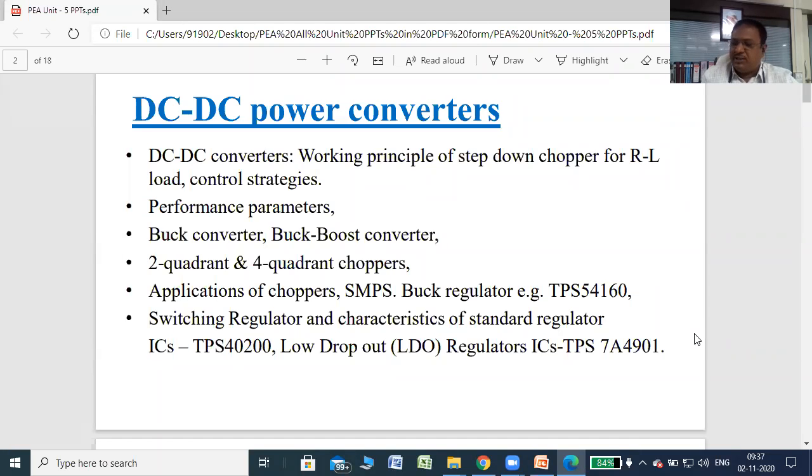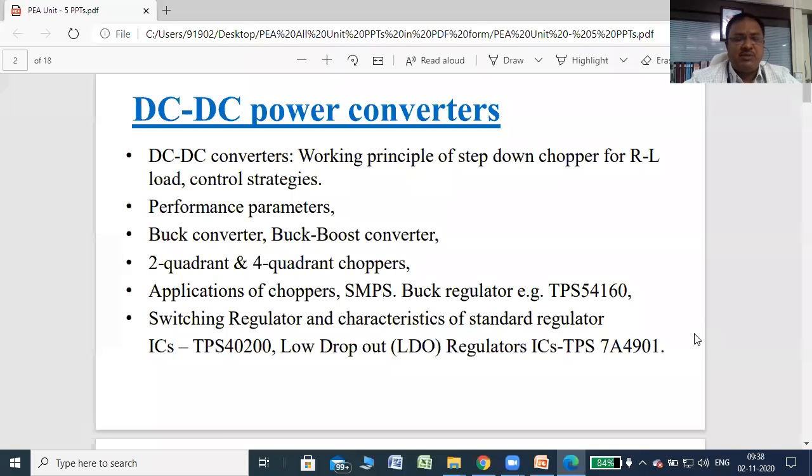If you apply this fixed voltage, then the speed of motor is also fixed. Then the speed of bike is also fixed. So it is very difficult to control the bike by using fixed DC voltage. So we require variable DC voltage, and that is achieved with the help of this type of converter called DC to DC power converter.